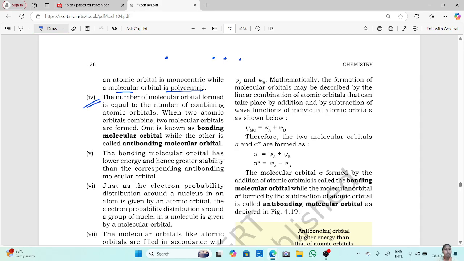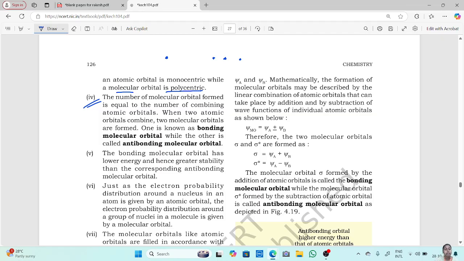Now, the number of molecular orbitals formed is equal to the number of combining atomic orbitals. So how many molecular orbitals are formed is simple: how many atomic orbitals are combining, that many molecular orbitals are formed. As I told you in hybridization, how many atomic orbitals are hybridized, that many hybrid orbitals are formed, and those hybrid orbitals in short are molecular orbitals.